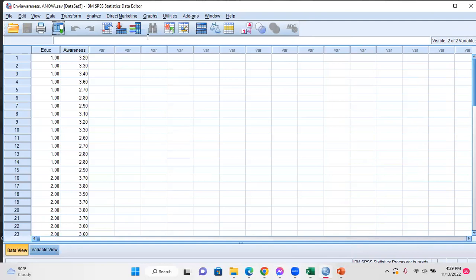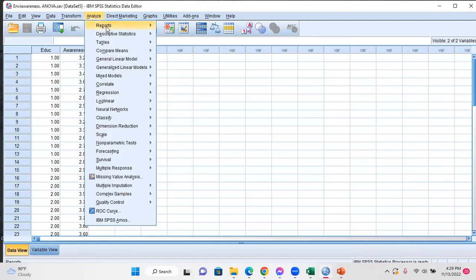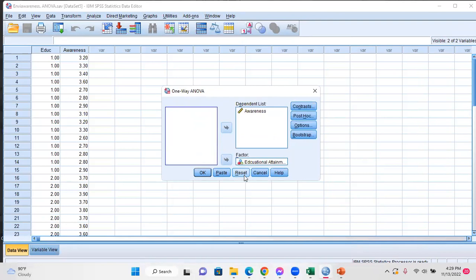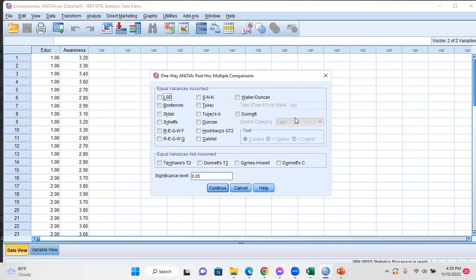Okay. So, balik tayo. Compare means ANOVA, reset. Awareness dito sa dependent, educational attainment, and then post hoc. And then click Dunnett T3.